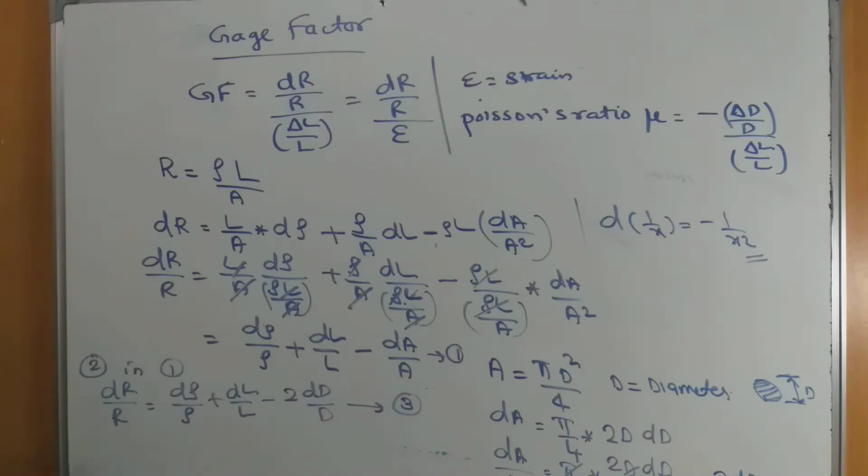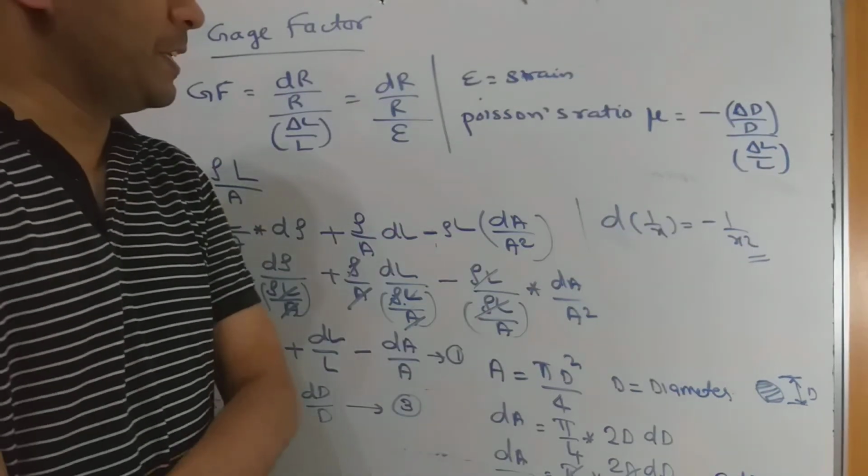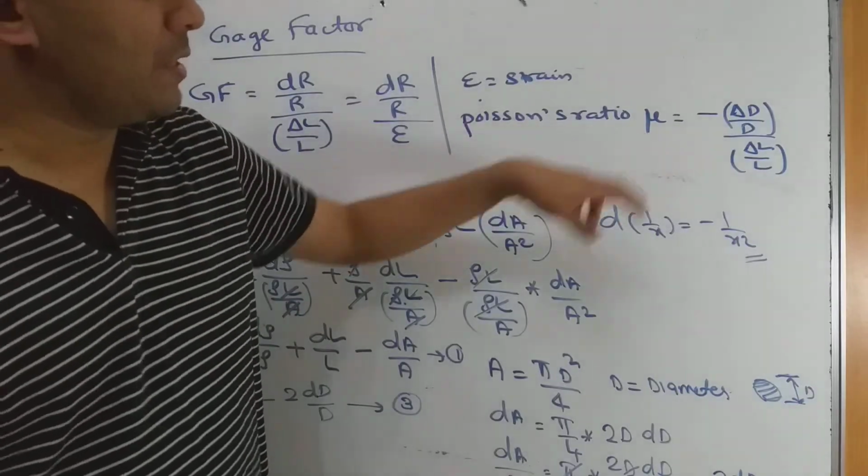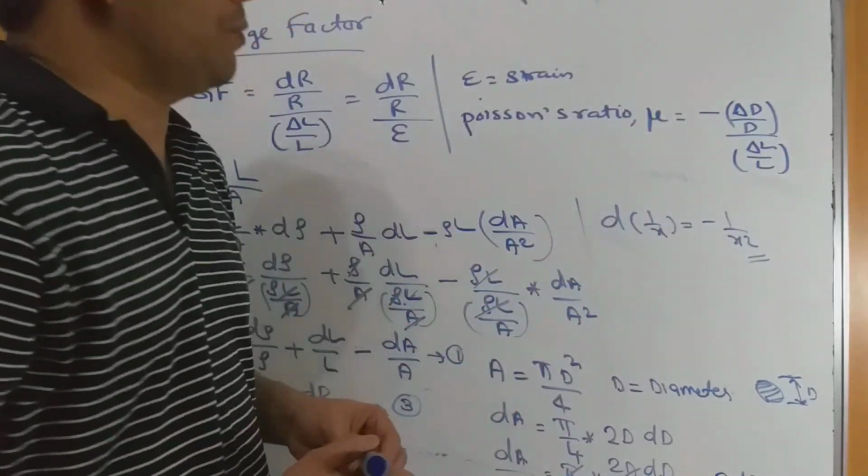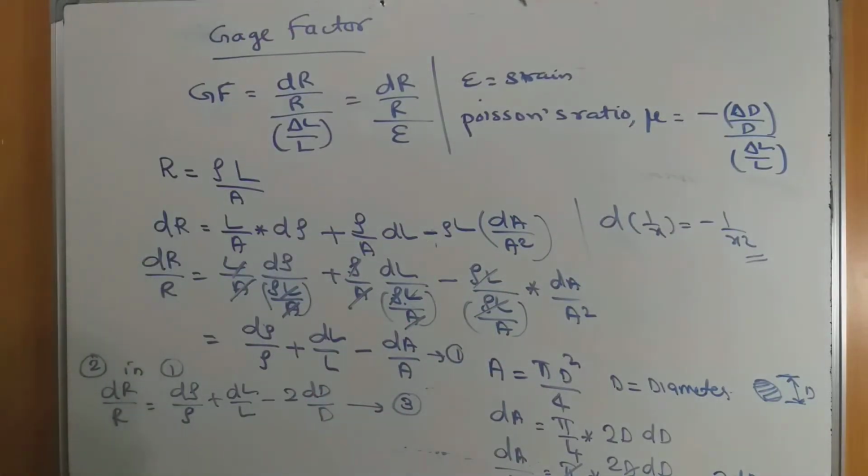Now we try to recollect one of the basic fundamental equations from material science, which is the Poisson's ratio. The Poisson's ratio is defined as mu equal to minus del D by D divided by del L by L. This means the change in diameter to the original diameter, to the change in length to the original length, is normally called the Poisson's ratio.